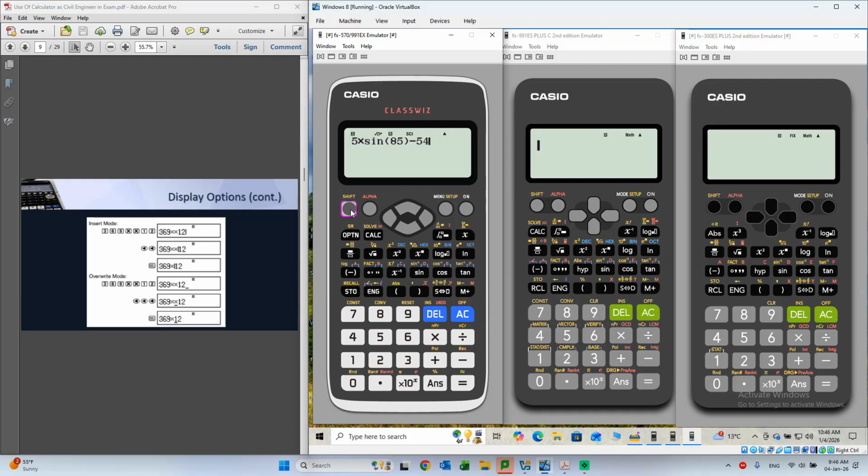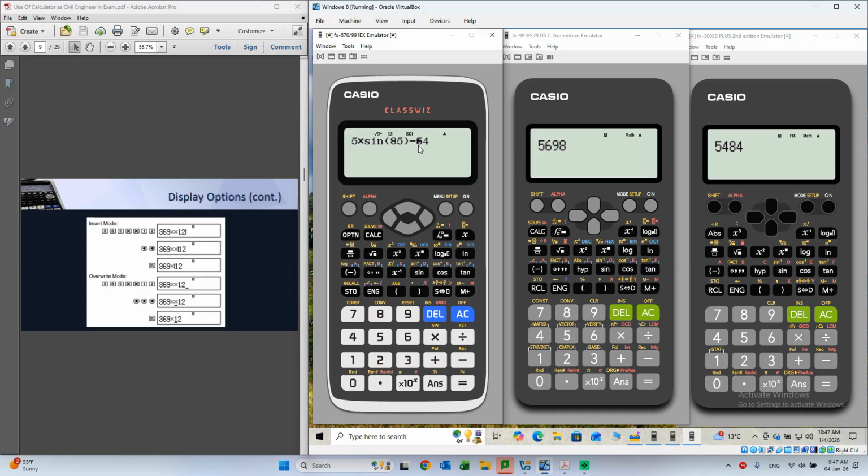If I press shift and this, because I want to click INS, insert. Let's try it to see if this is working in this calculator. It's working in this one actually, but it depends on your calculator.